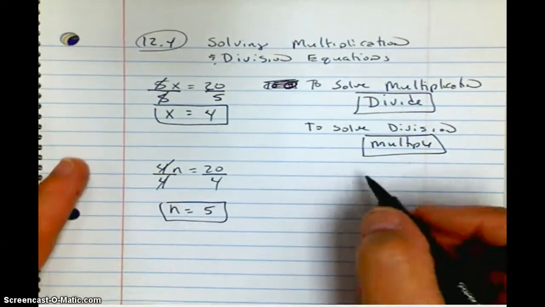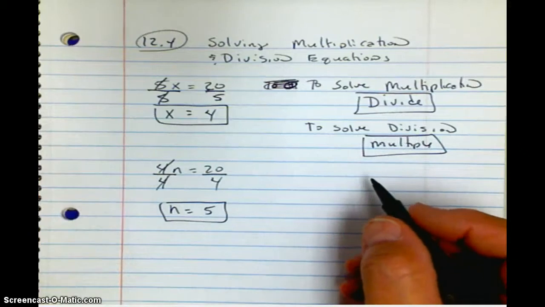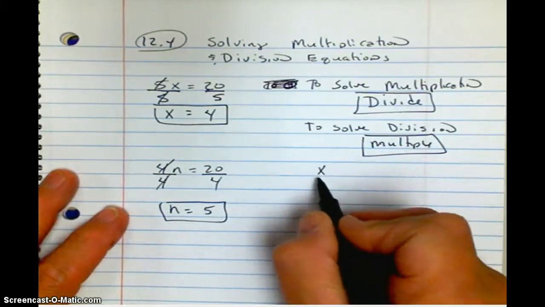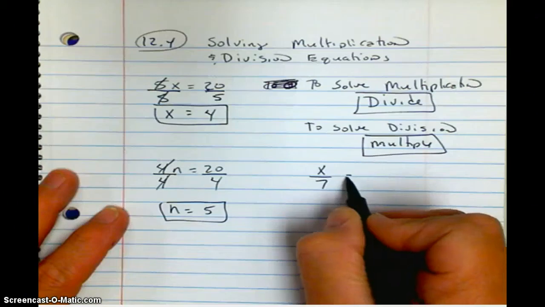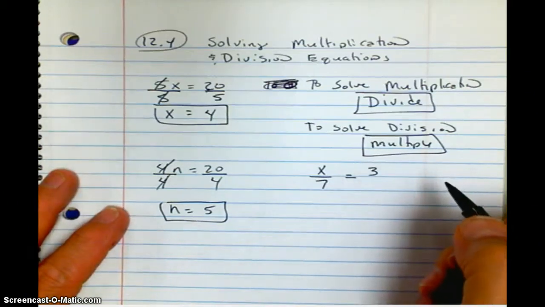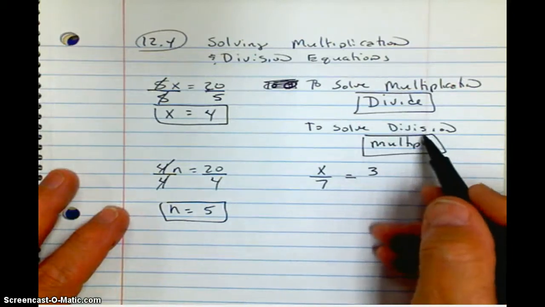Now let's do an example where we solve a division problem by multiplying. Let's say we have x divided by 7 is equal to 3. Again, to solve a division problem, we're going to multiply.